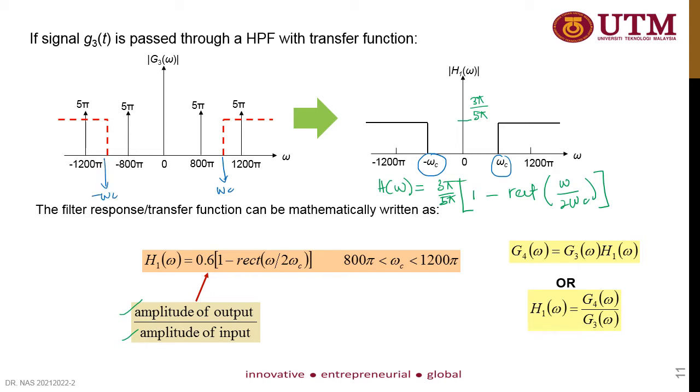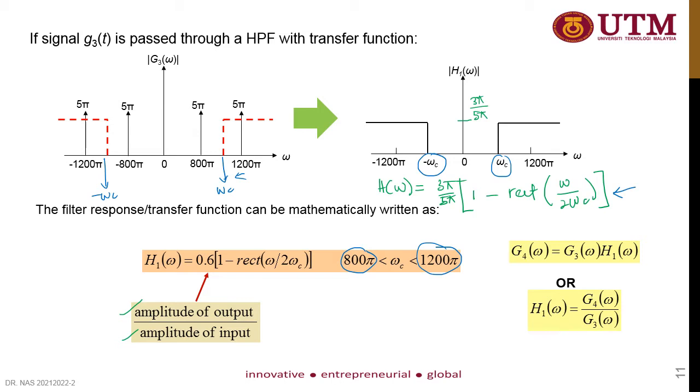It must be larger than 800 pi but lower than 1200 pi to make sure that no signals from 800 pi are included in the filter, and to make sure the component at 1200 pi is completely selected and passed through the filter. Okay, so this is the transfer function of the high pass filter for this particular case.